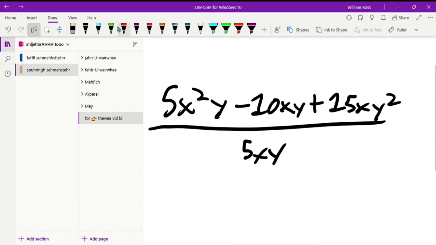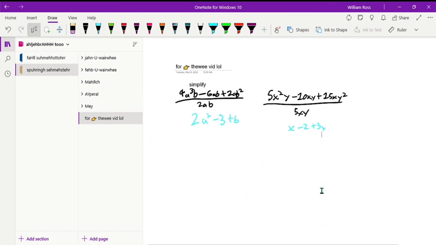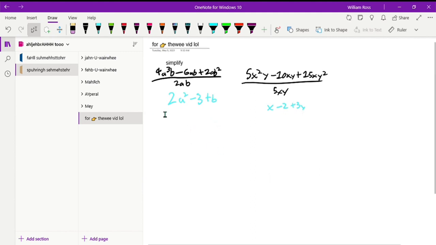Okay, so same principles, the 5's cancel out, x squared over x would be x, and then the y's would cancel out. Negative 10 over 5 would be negative 2, and the xy's would cancel out. 15 over 5 would be 3. The x's would cancel out, and y squared over y would be y. So the final answer would be x minus 2 plus 3y. There you go, that's simplifying.